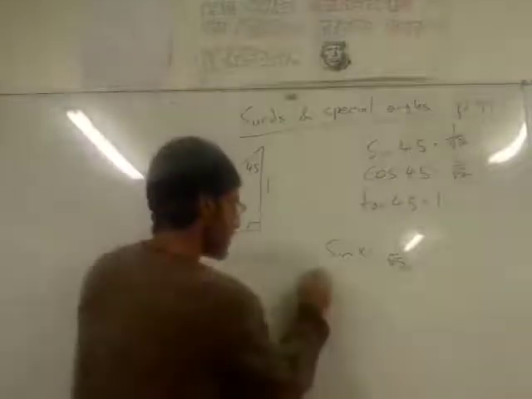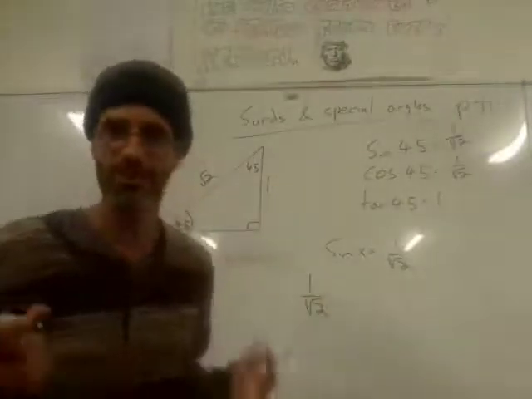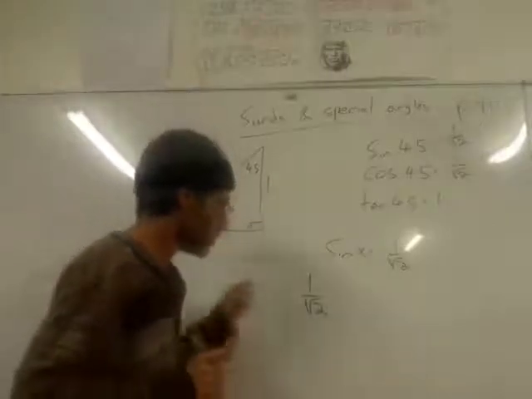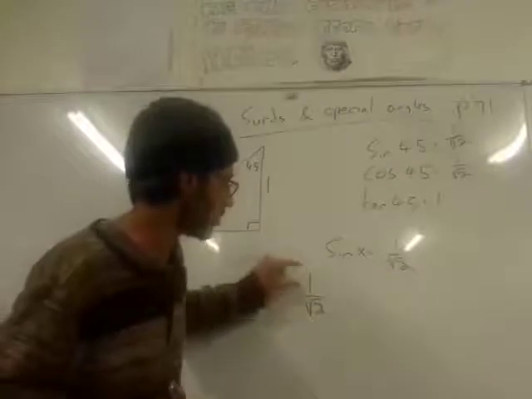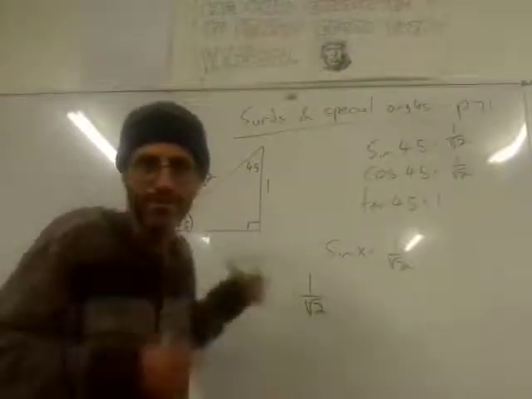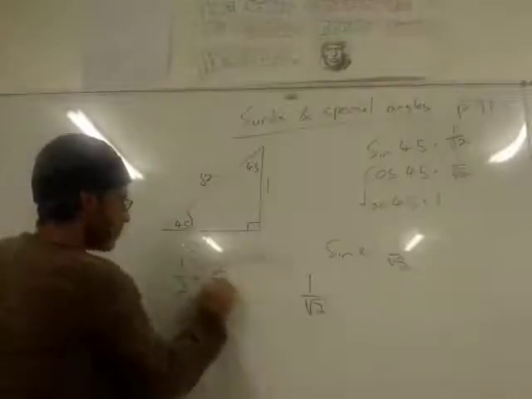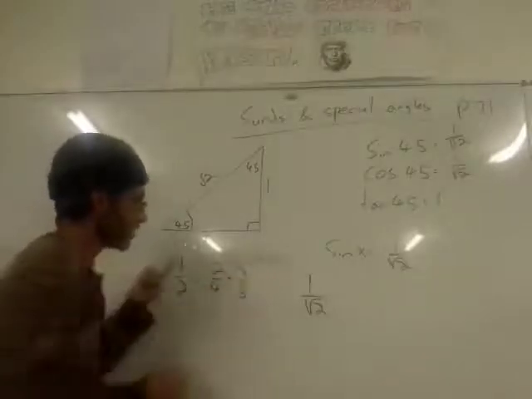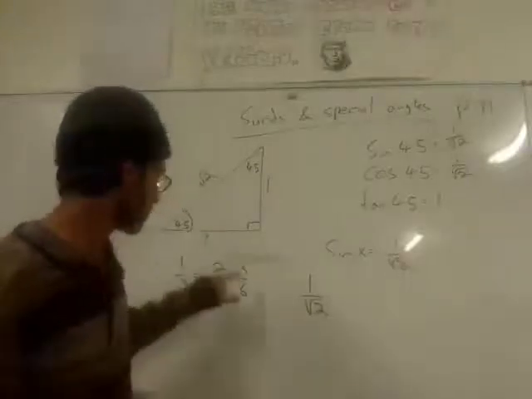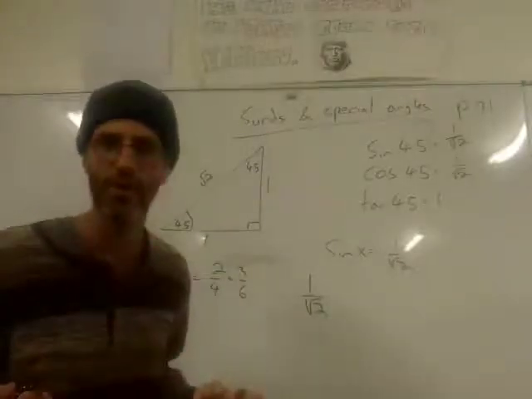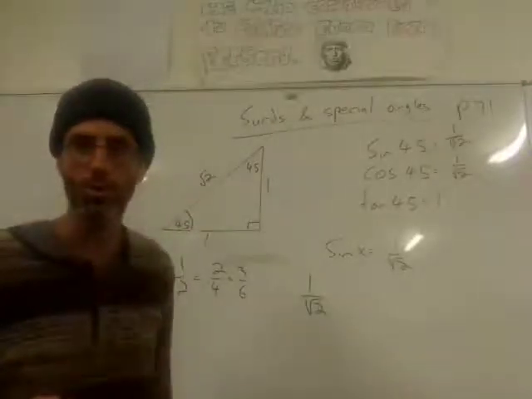But I want to write down 1 over square root 2 in another way, because it's important that you recognize it. You know that with any fraction, you can times the top and the bottom by the same number. So like 1 over 2 is equal to 2 over 4 or 3 over 6. You can just times it by 2, top and bottom, or times it by 3. Still the same fraction. Now the same thing I can do with 1 over square root 2.